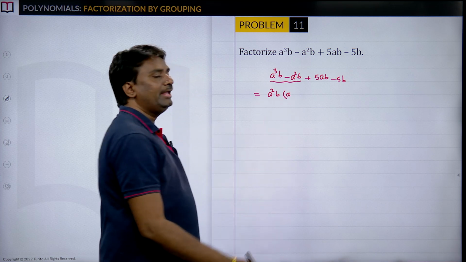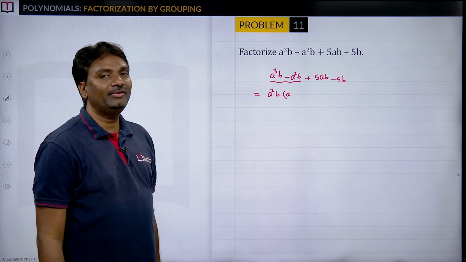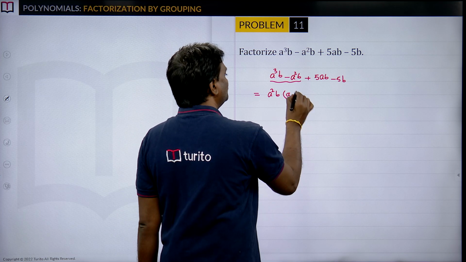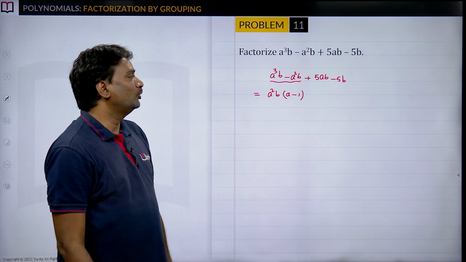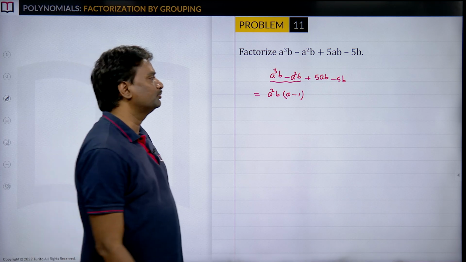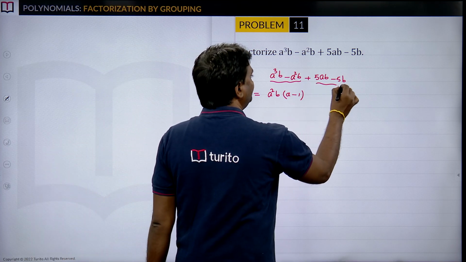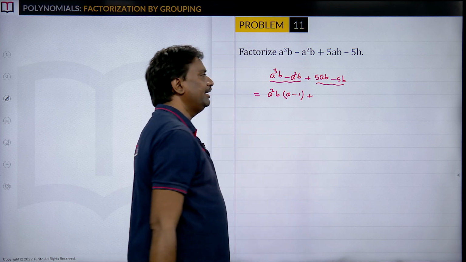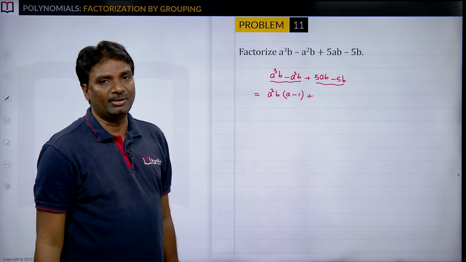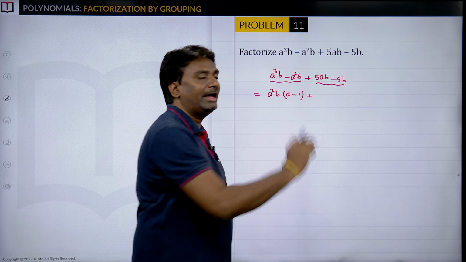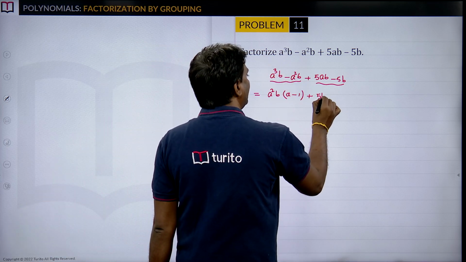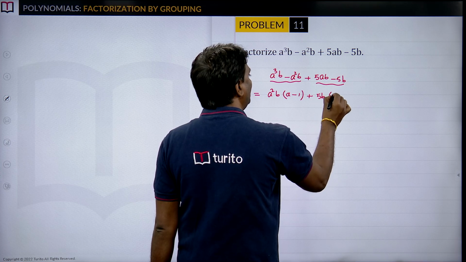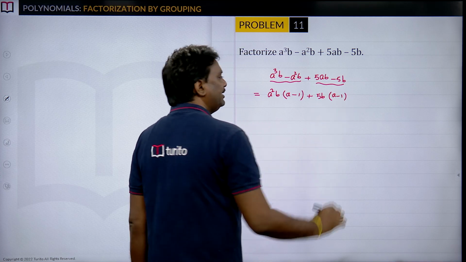Since we have taken a square b as common from the second term, that is minus 1. So, a square b into a minus 1, plus from the last two terms, by taking 5b as common, you will get a minus 1.